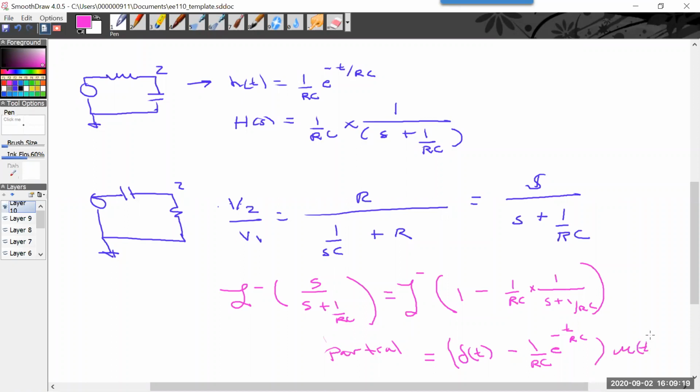But the decaying exponential does. All right. And that's probably the simplest way to find the impulse response of this, which is called a high pass filter. And this is called a low pass filter.